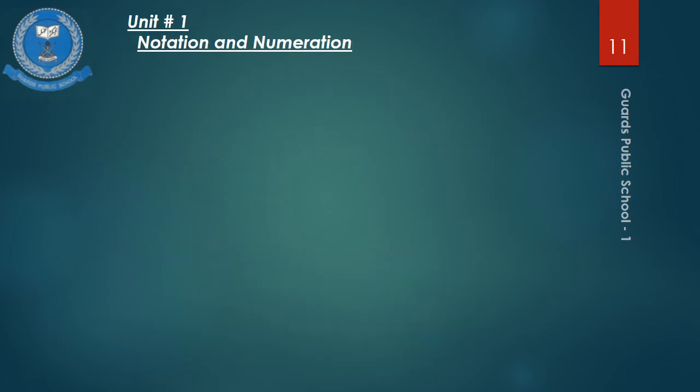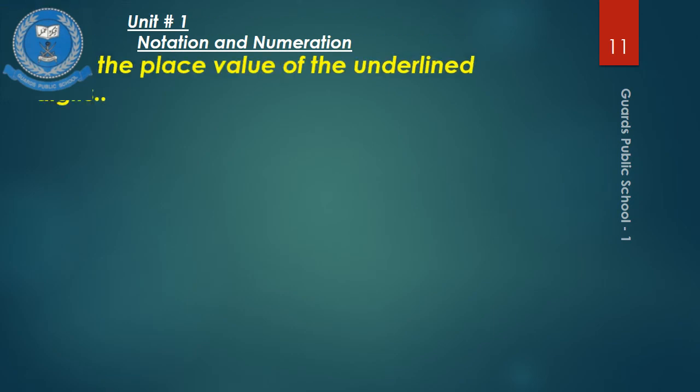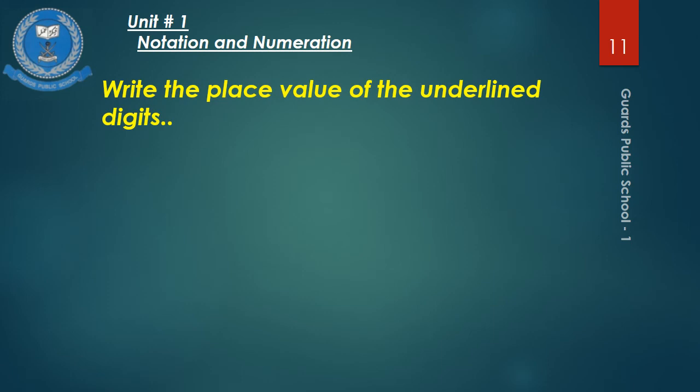It will be more clear to you through this activity. You can see the question on your screen. Write the place value of the underlined digit. As you can see, the first question is given in 5 digits. So first of all, you will place these 5 digits in the columns of 10,000, 1,000, 100, tens and units. What do you find? Yes, 3 is in the place of 1,000. So what will be the value of the underlined 3? 3,000.